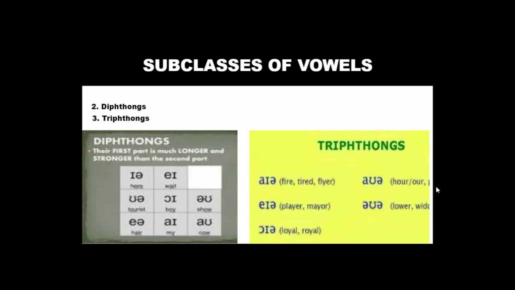Now, let's look at the last but not the least. It is a combination of oo and the schwa sound, as in widower. Now, these are the five triphthongs in English.